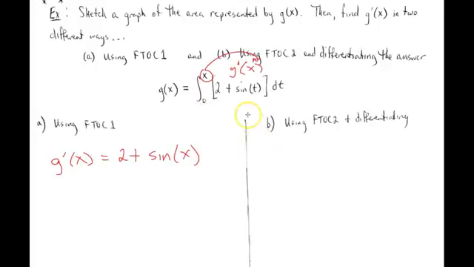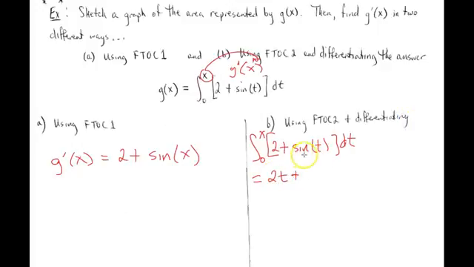So if we do that, then of course, looking at this from 0 to x of 2 plus sine of t dt, this is the same as saying the antiderivative of any constant is just that constant times x, well, in this case times t, since my variable here is with respect to t, so I need to make sure I put that there.